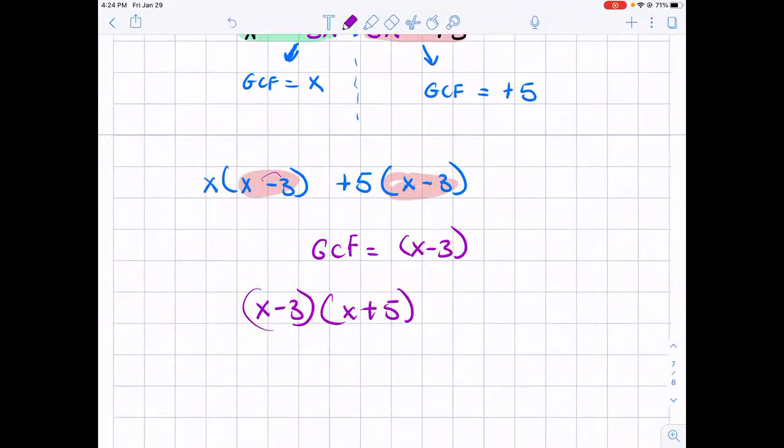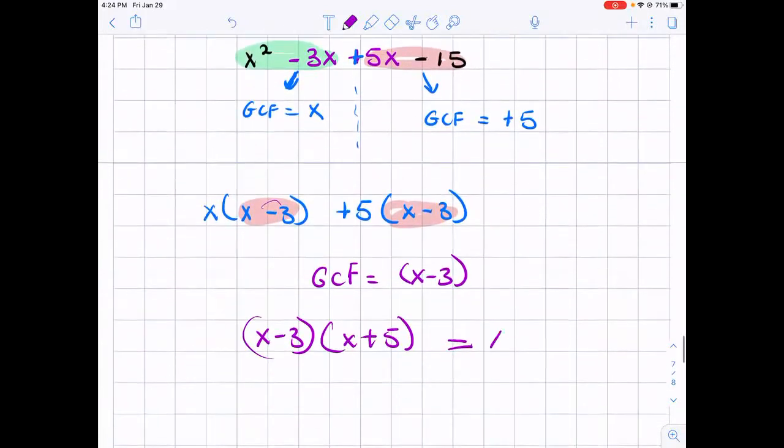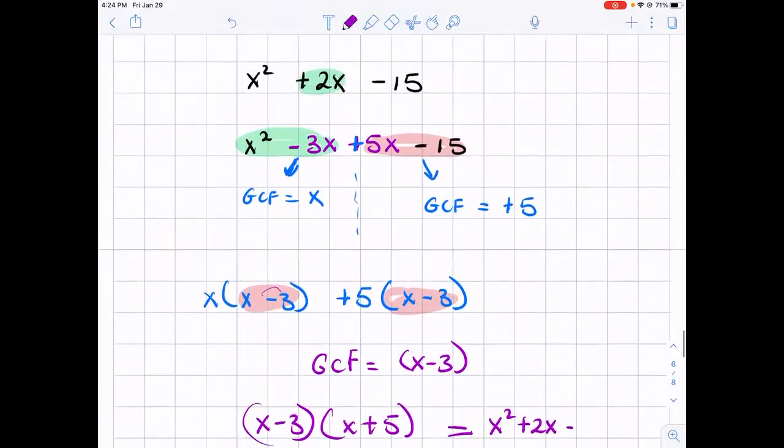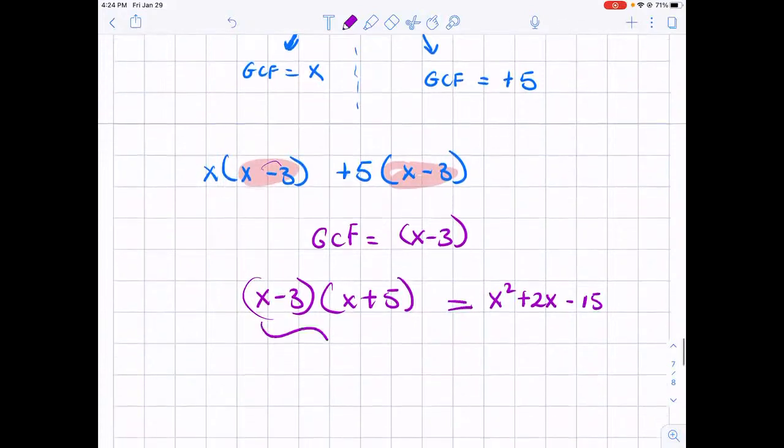So x minus 3 times x plus 5 is equal to x squared plus 2x minus 15. And you will notice that if you multiply this, yeah, this will be your result.